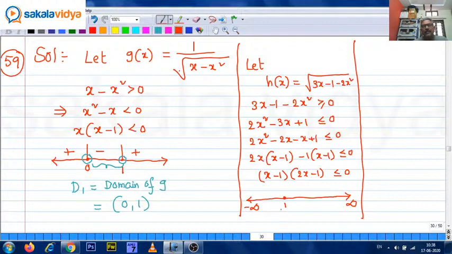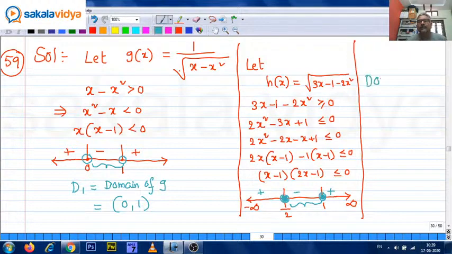This will be 1 by 2. Absolutely correct. We should be very careful. Right. Now wavy curve method, plus sign, minus sign and plus sign. So less than means we need to consider here to here, and this is included and this is included. Am I correct now?